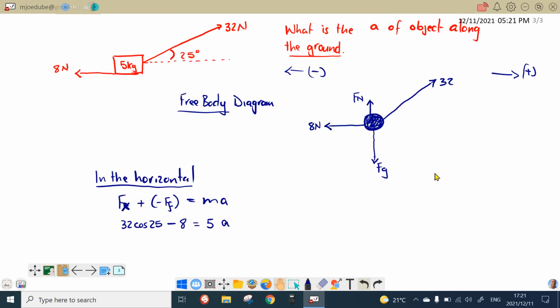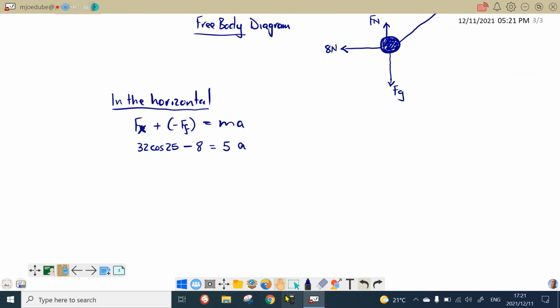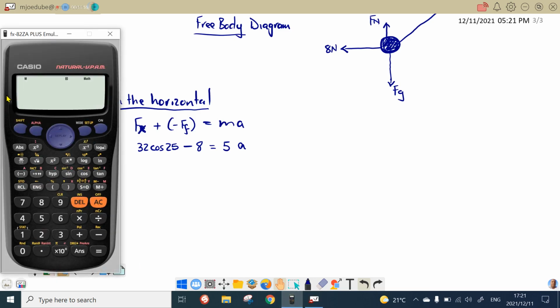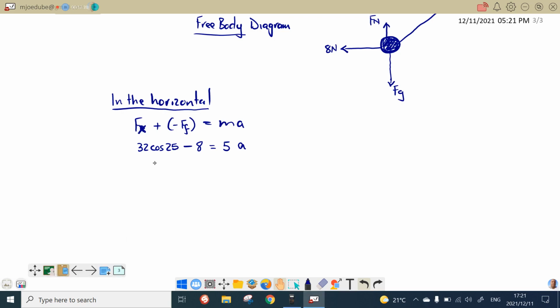You then make use of your calculator: 32 multiplied by cos 25, minus 8, and this gives you a value of 21,001, which is 21.